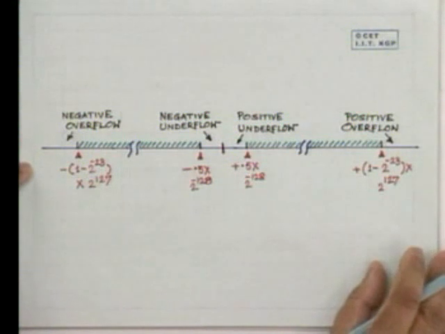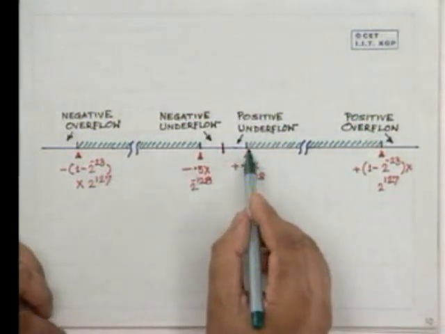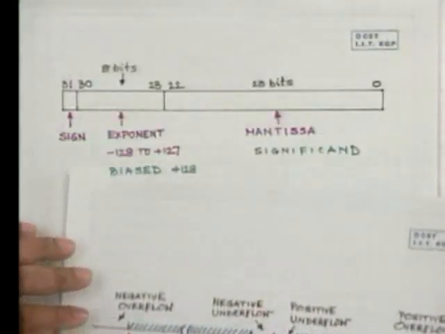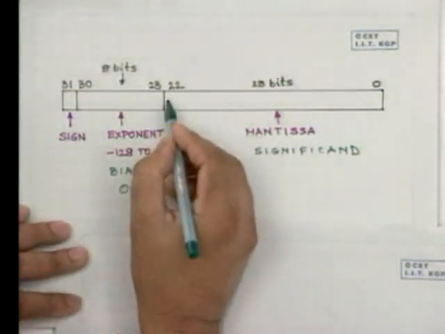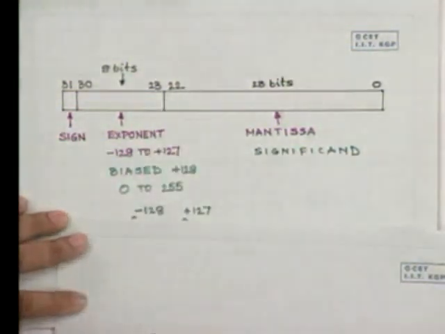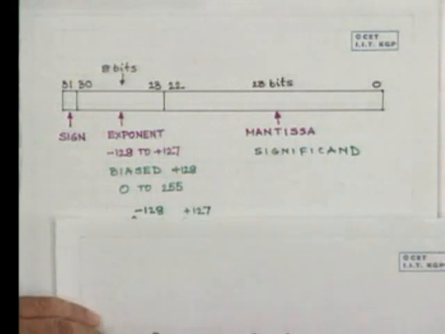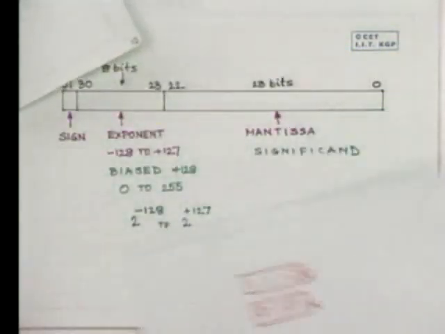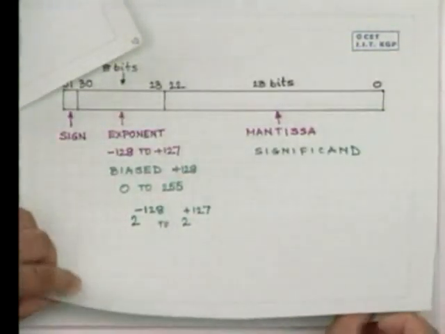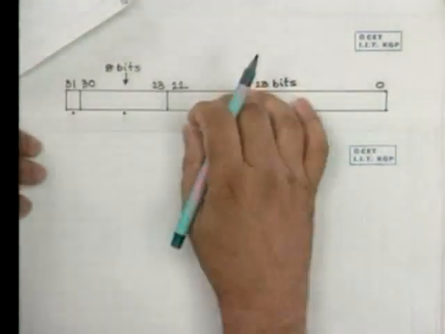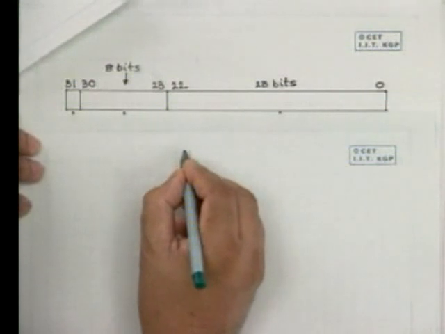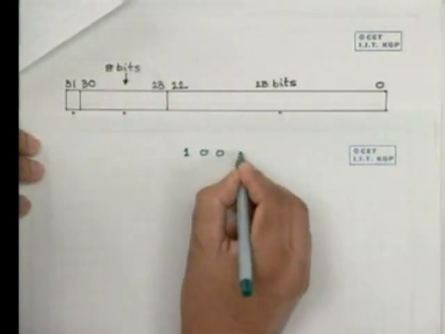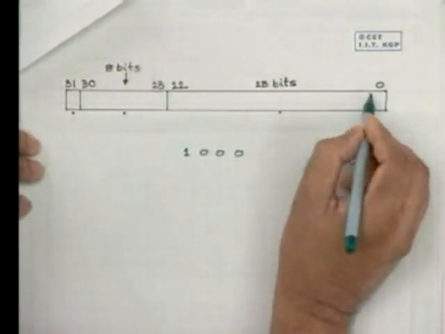Now, the first positive number that we can represent is that there is a single 1 here, followed by all zeros in the mantissa bits. That is this number.